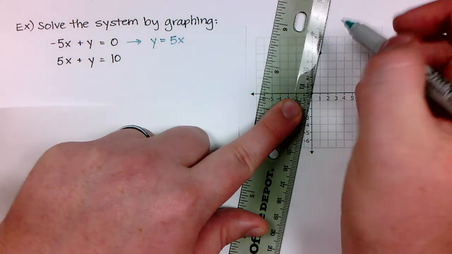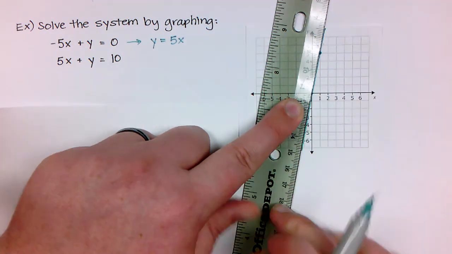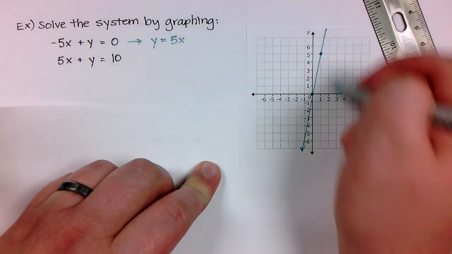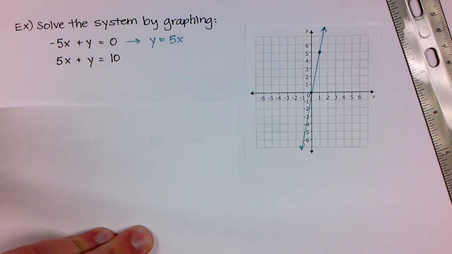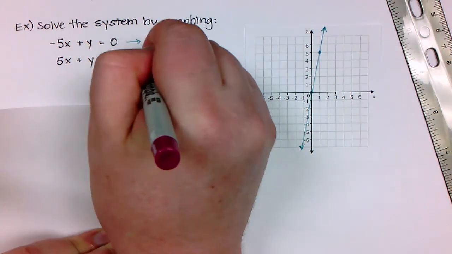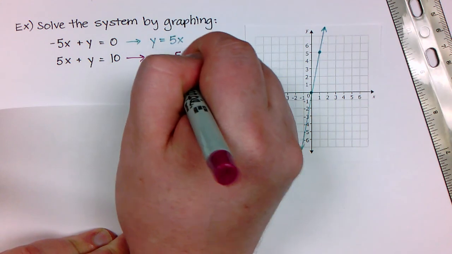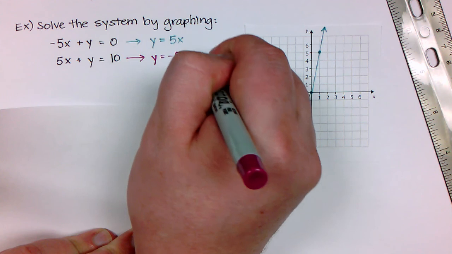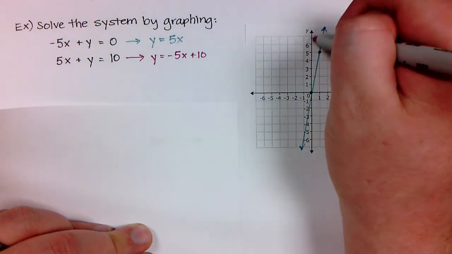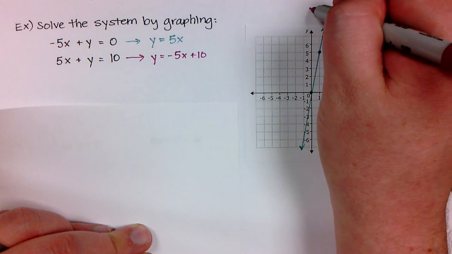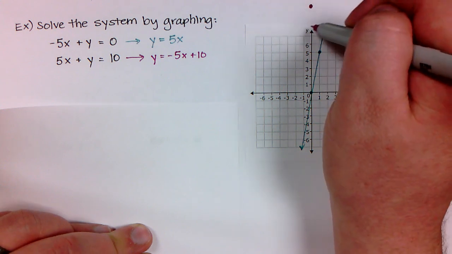Be really careful drawing this line. There you go. Awesome. And then for my second one, all that I need to do is move the 5x over, so I'm going to subtract 5x. So this is going to be y is equal to negative 5x plus 10. This time I'm going to be up at 10. You may not be able to see that, but that's about where 10 would be.